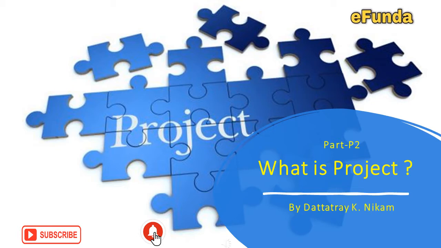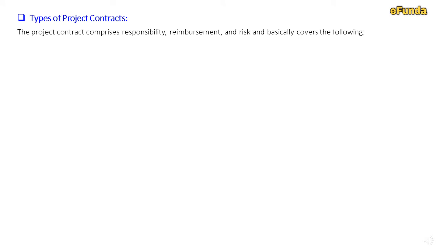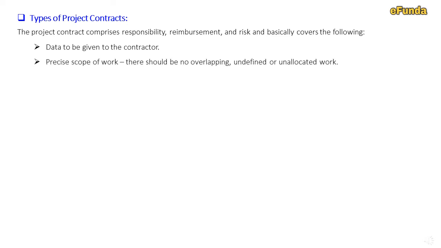Let's begin with our today's topic. What is project part P2? Type of project contract. The project contract comprises responsibility, reimbursement and risk, and basically covers the following: data given to the contractor, precise scope of work, there should not be overlapping, undefined or unallocated work, and the relevant performance parameter measurement for fulfilling the contract.